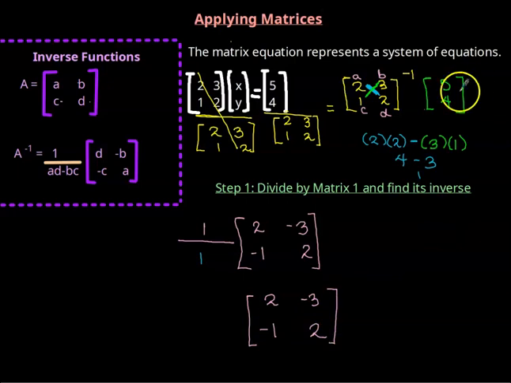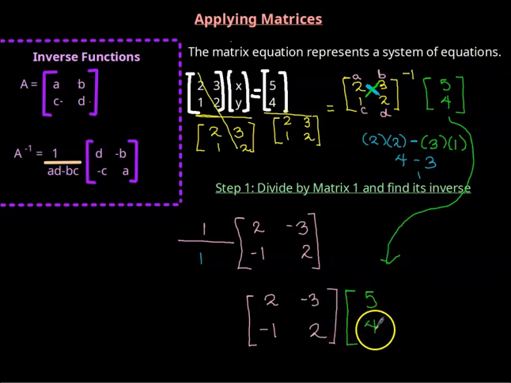And now I'm going to multiply it. Remember, you haven't used this second matrix yet, this 5 and 4. So again, in purple, all I'm doing is following this template to find the inverse of matrix 1. So that's all the work here. And then afterwards, I drop down the second matrix, that 5 and 4. And for step 2, we're about to multiply.